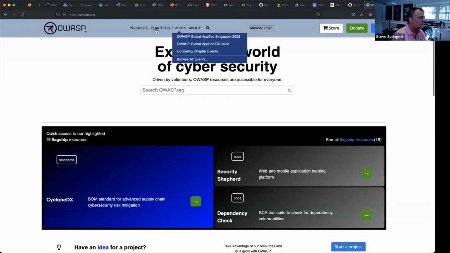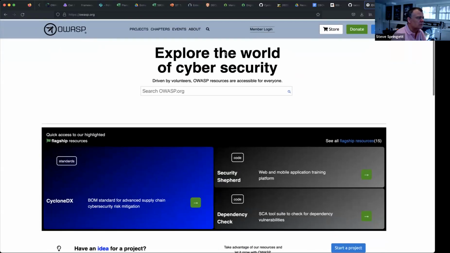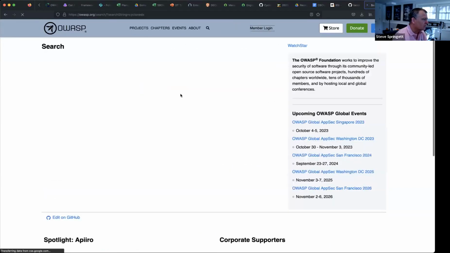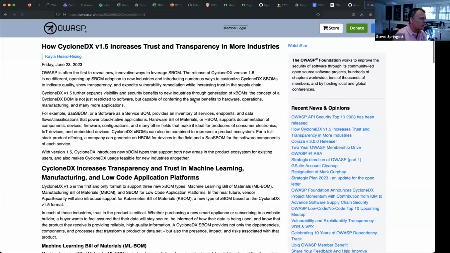But if you want your picture, we just go to the OWASP.org site. Let's actually do a search for one of the ones that I did recently. So this is one, for example. I published it, but Kayla is the one who actually wrote it.